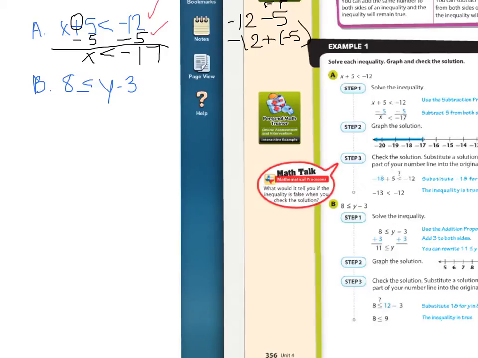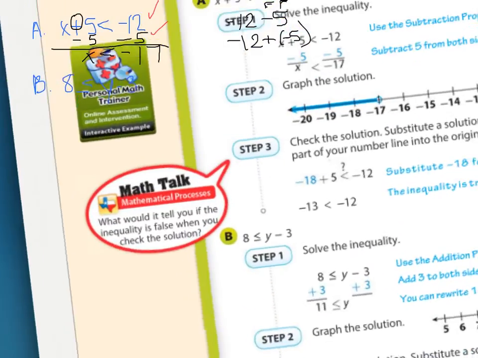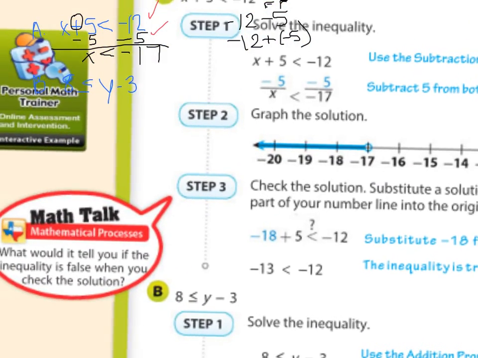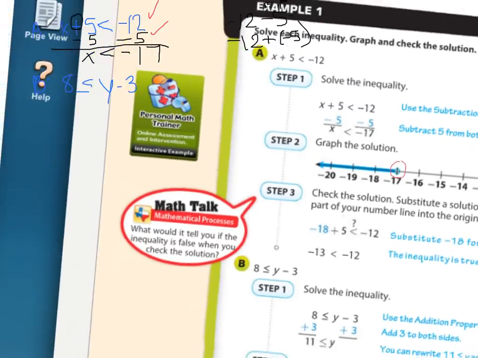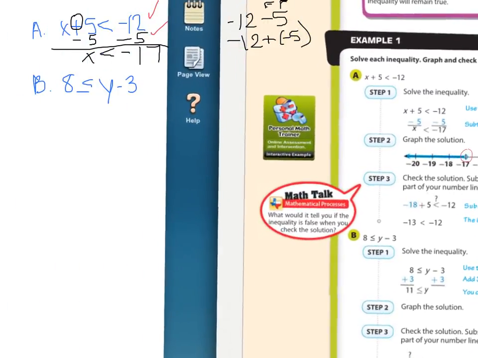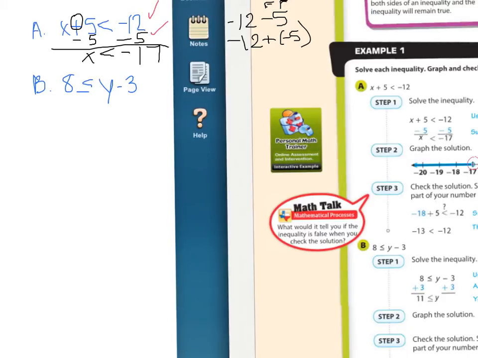Oh, they already have it. I'm going to zoom in real quick, and you can see that this is an open circle. Let me do it in red right here. Why did they open up that circle? What does that tell you? It tells you that negative 17 is not going to be part of that solution. If it said less than or equal to negative 17, then negative 17 could be a number as a solution.